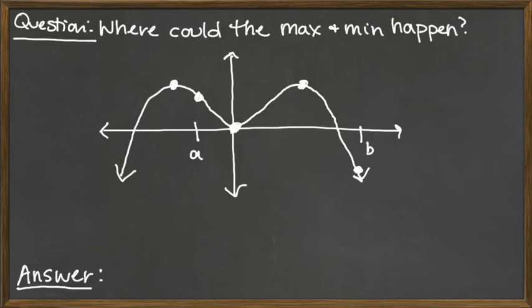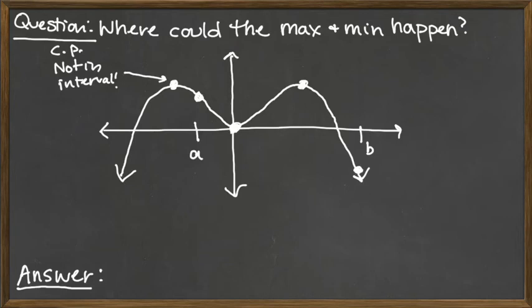So first and foremost, even though this point right here is coming from a critical point and it is a local max, we completely ignore this point here because it's not in the interval. So that's the main thing to think here. It's not in the interval, we're not going to consider it at all, even though it is a critical point. So I'll say critical point, not in the interval.